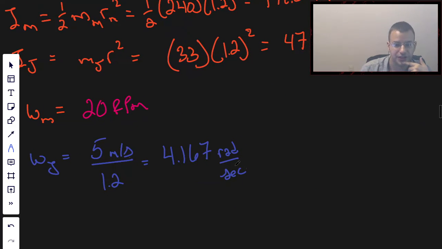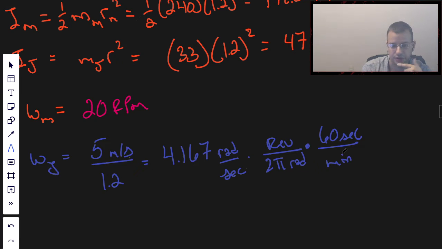Now we want to convert that to rotations per minute. So we have 2 pi radians for 1 revolution. Oh, we want to do it per minute, don't we? Times 60 seconds per minute.